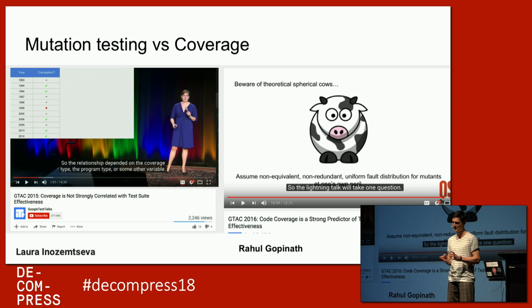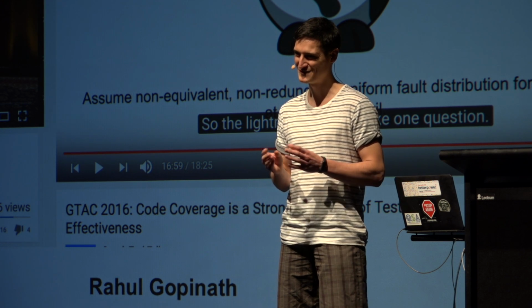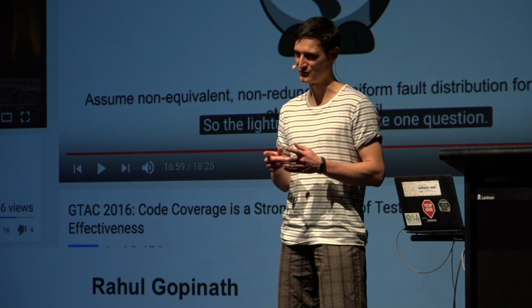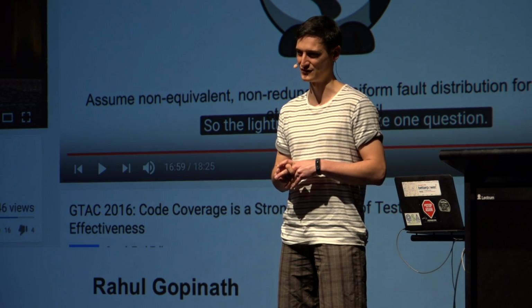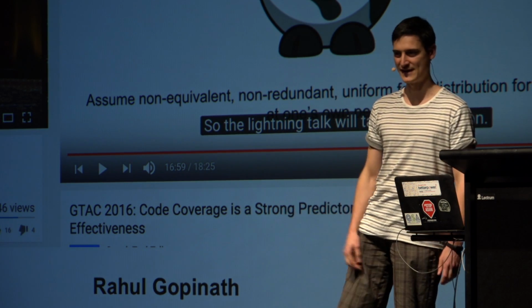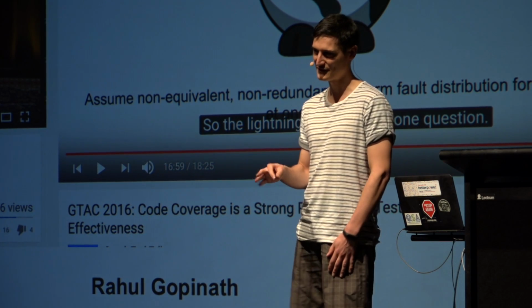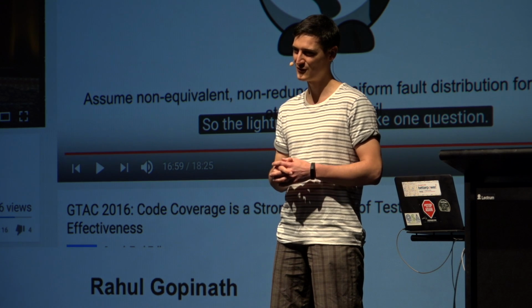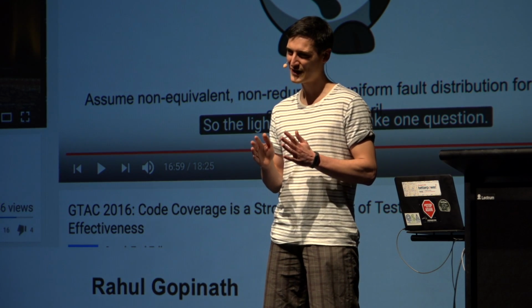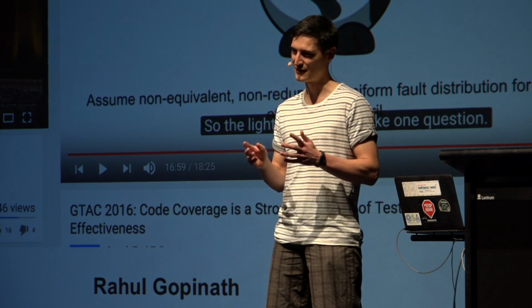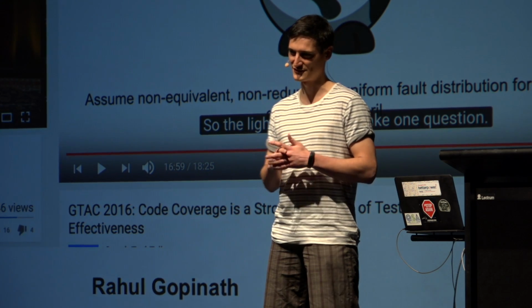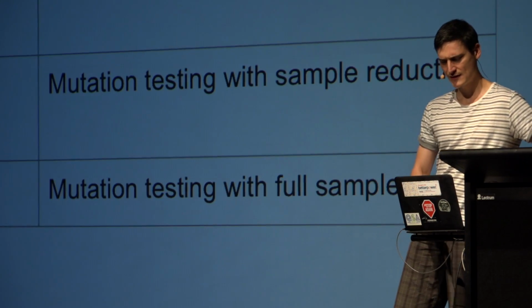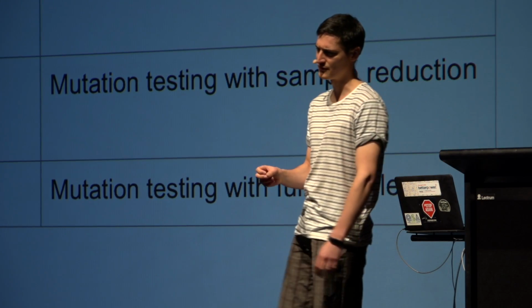She found that in general, most of them didn't really have that high quality tests. Coverage was not a good proxy for mutant kill score. But in 2016, another researcher performed a slightly different analysis. He had a larger sample set, and he found that often there is quite a good correlation between coverage analysis and mutant kill score.